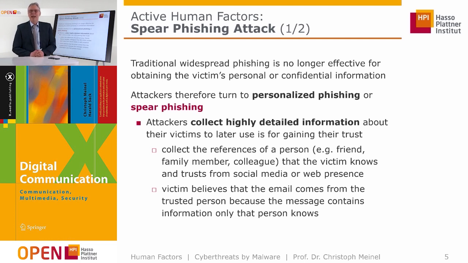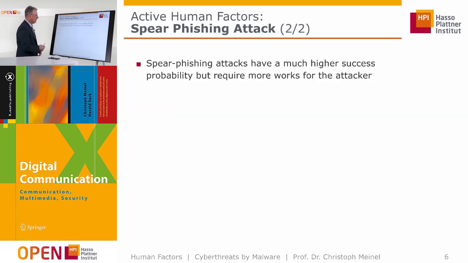What the victim forgets is that such information is public in social media or in a web presence, and so the attacker with a spear phishing attack has good success rates.